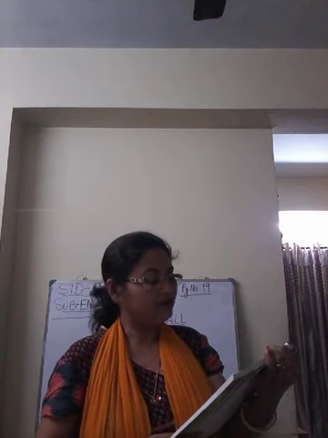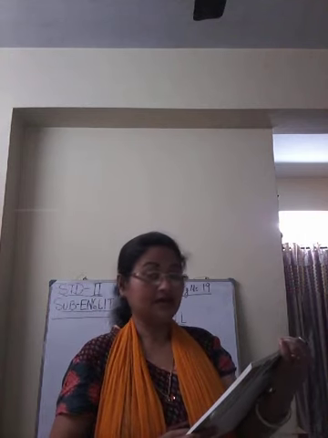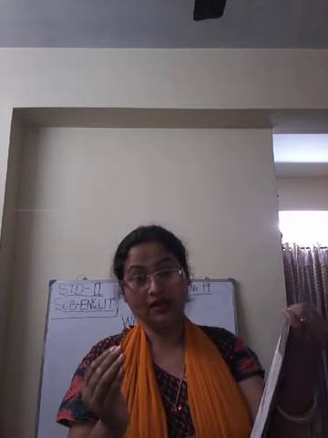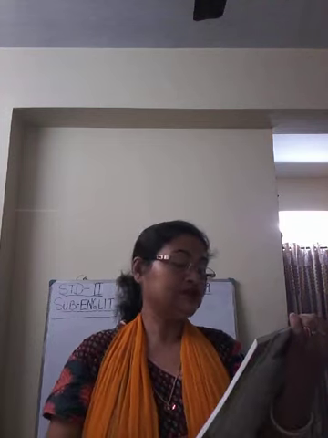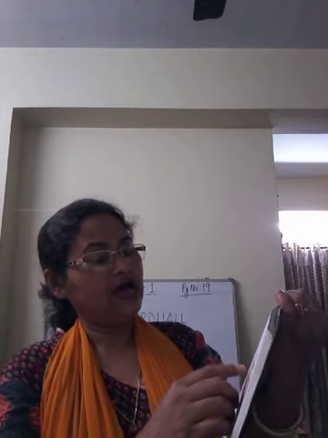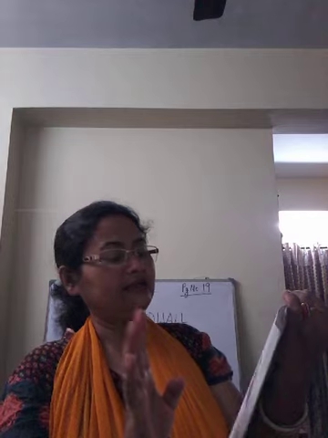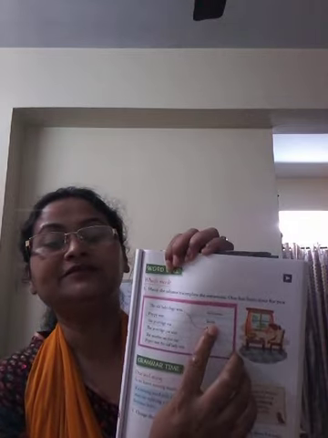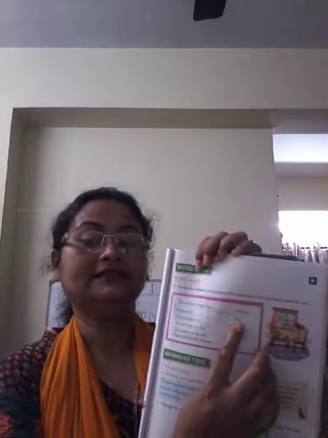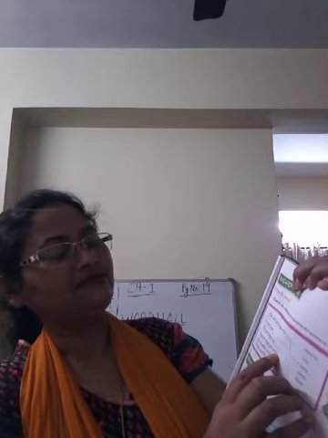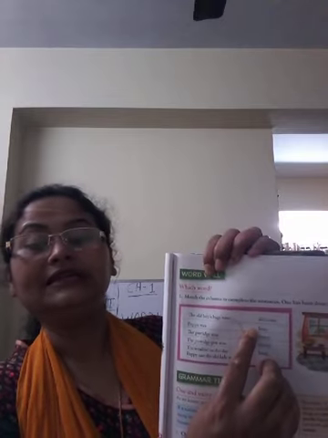The porridge pot was, how was the porridge pot? Was it very big? Small? Delicious, done, kind, done, heavy, done, little. The porridge pot was little. So you will draw the line like this from porridge pot to little.